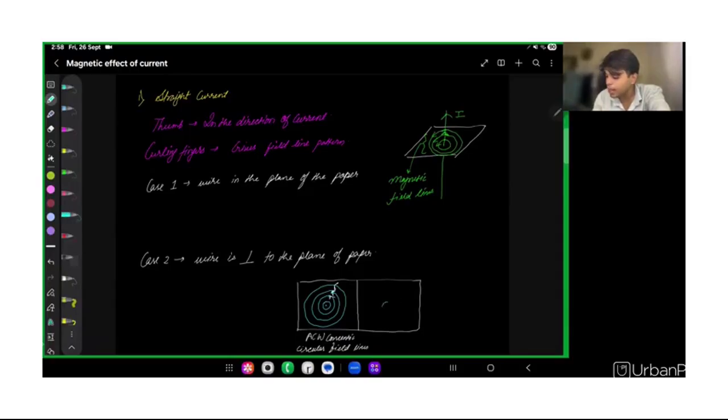Second case, if the cross sign means it is going inside the plane, curl your fingers and it will come in the clockwise direction. The direction will be clockwise.